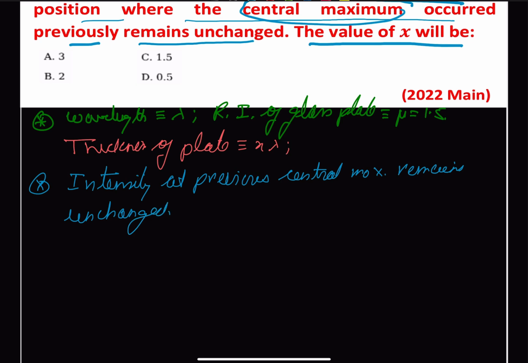So it means that the path difference that is being introduced by the glass must be an integer multiple of the wavelength.